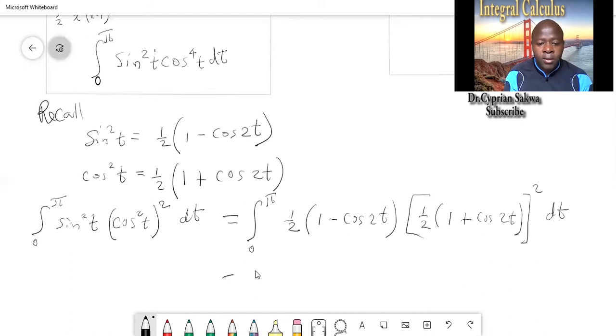Now, doing this, I would have the integral from 0 to pi. You notice that a half squared would be a quarter, and a quarter times this would be 1 over 8.